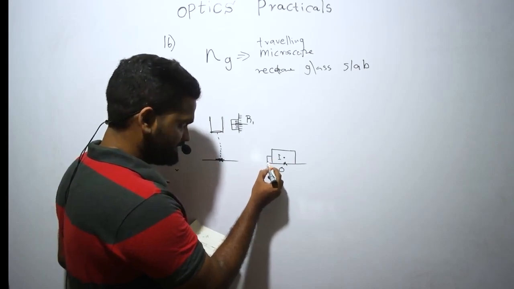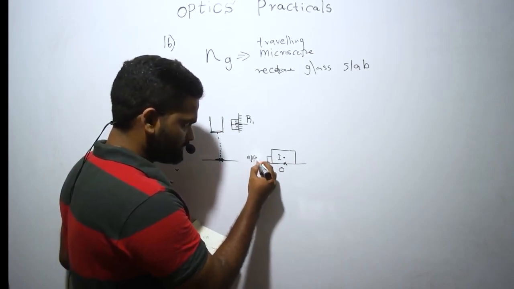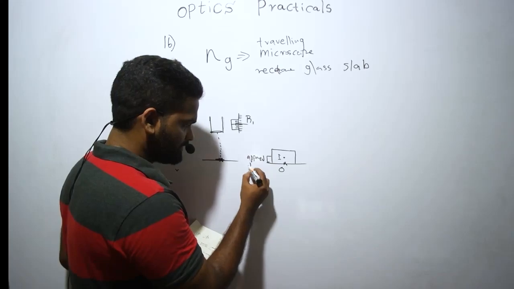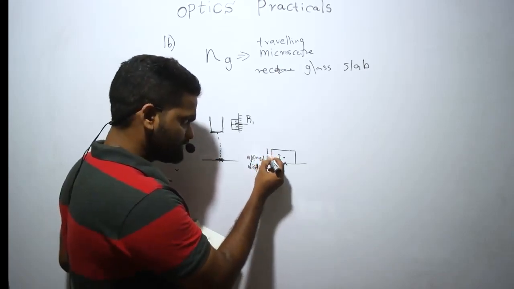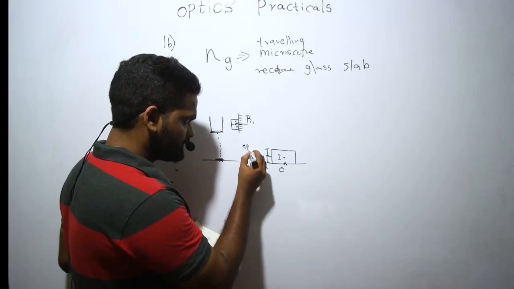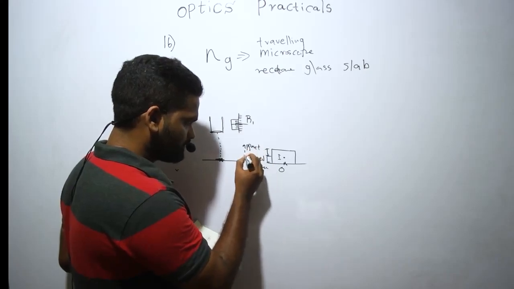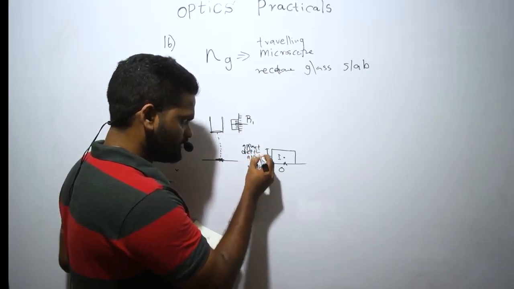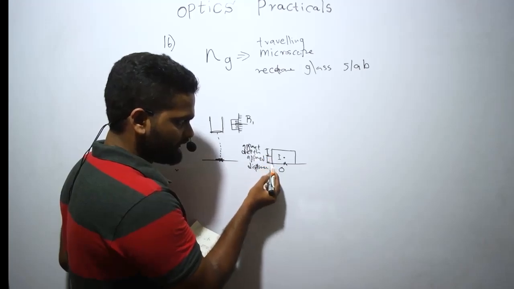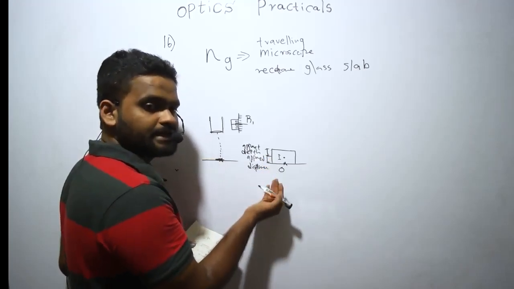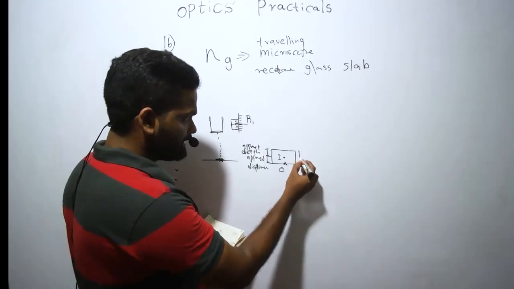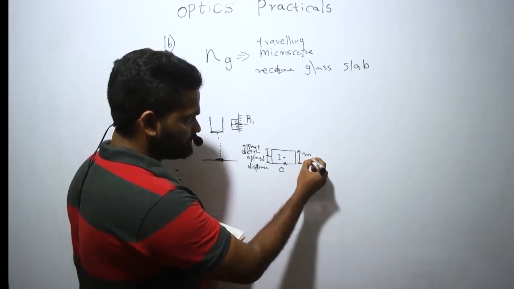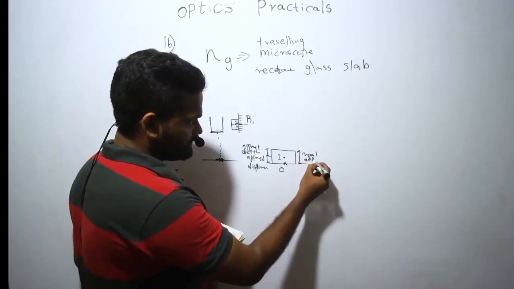So we call this distance the apparent displacement. And this depth we call the apparent depth. This is called apparent depth and this is called apparent displacement. It is upwards. And this is the real depth, right? Real depth.